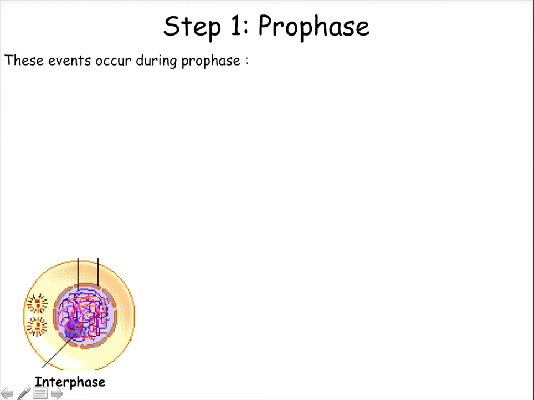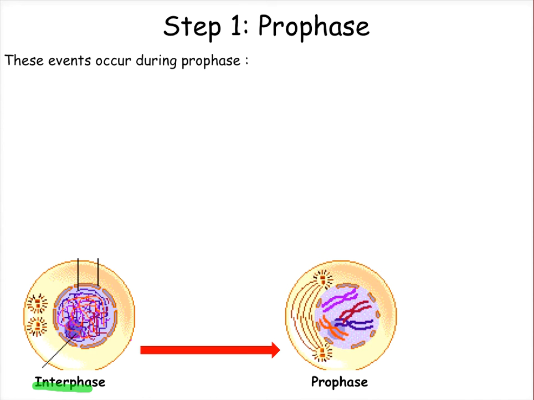So that's why I've got this picture here, because it's always good to remember which phase you're coming out of so that you can see the changes that occur in the new phase. So, a cell comes out of interphase and goes into prophase. By comparing both these pictures below, you can identify some of the important events that occur in prophase.